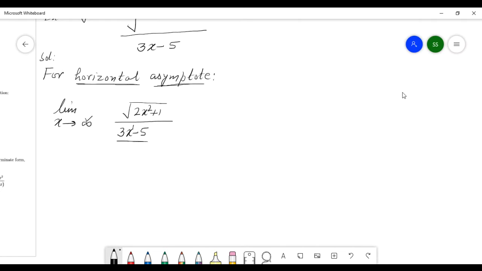All the terms are divided by x to the power 1, with the limit as x goes to positive infinity. So we divide by mod of x.